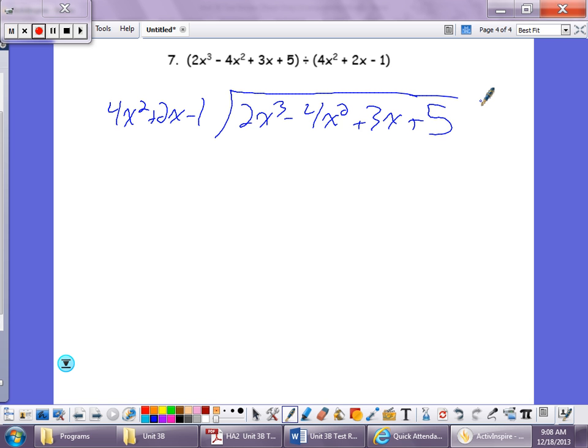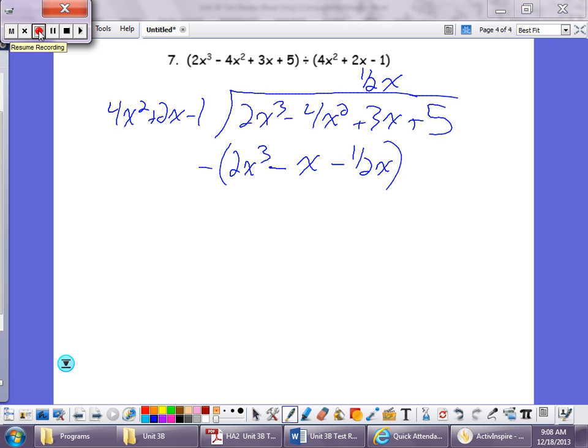And remember, our objective with this is to somehow get from this term and match this term. So how can I turn 4x squared into 2x cubed? Multiply by 1/2 x. Good. So we multiply by 1/2 x, and then we get 2x cubed plus x squared minus 1/2 x.